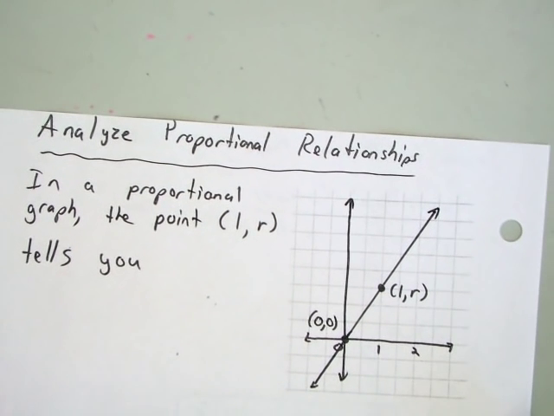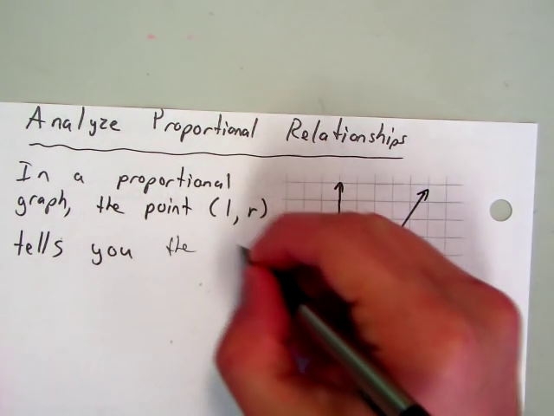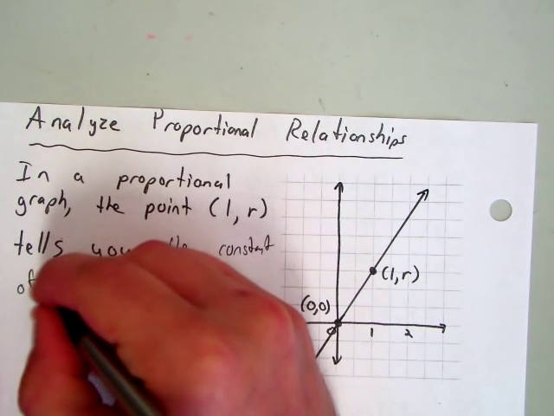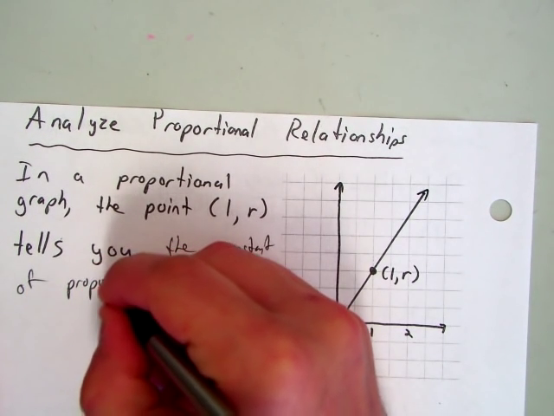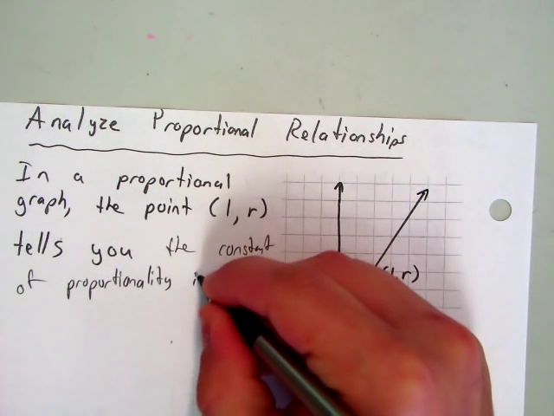Now we can start talking about how we can analyze proportional relationships. So again, in a proportional relationship, the point (1, r) tells you the constant of proportionality is r.